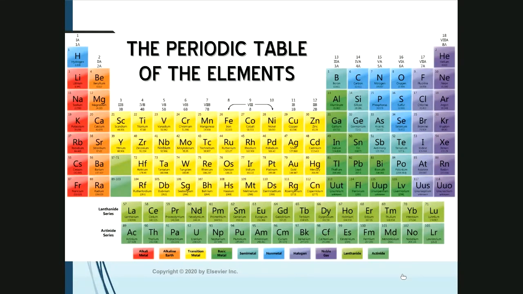So if you look right here, this number right here is 118. In the book, it stops with number 114, and the one that's 114 is actually labeled UUQ in the book. And if you look here, it actually has a name. Let me try and zoom in here and see if I can.